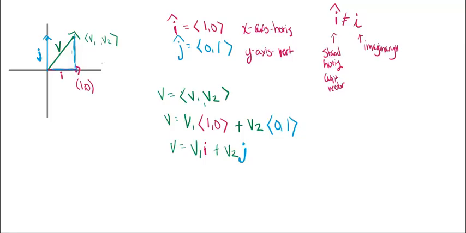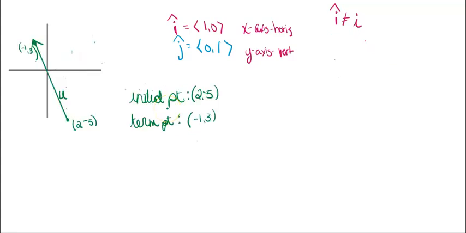Okay, on page 413, it says, let u be a vector with initial point (2, -5) and terminal point (-1, 3). Write u as a linear combination of the standard unit vectors i and j. So I have drawn the problem up here. The first thing we're going to do is write u in its component form.